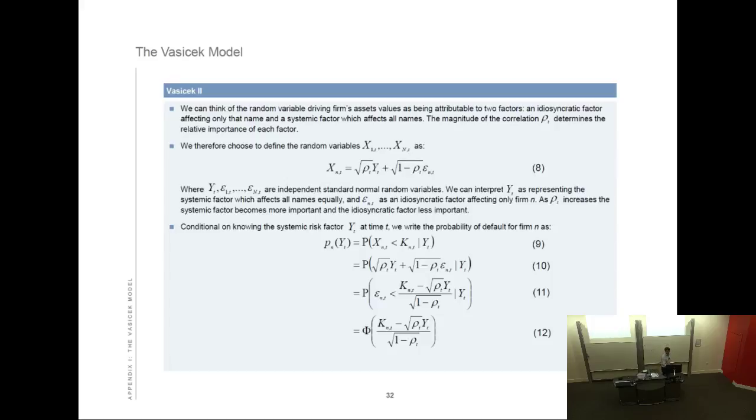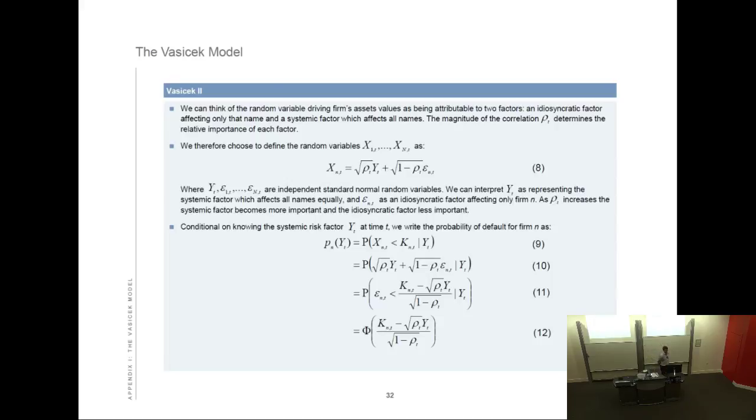So x is defined as square root of correlation times y, which is our market factor, plus square root of 1 minus correlation times epsilon, which is our idiosyncratic factor. That again is a standard normal variable, except that we've now parameterized it with a correlation and a market factor.